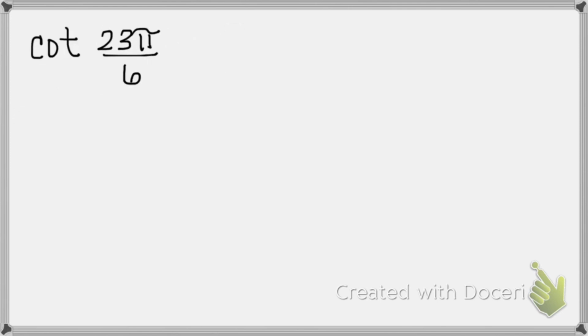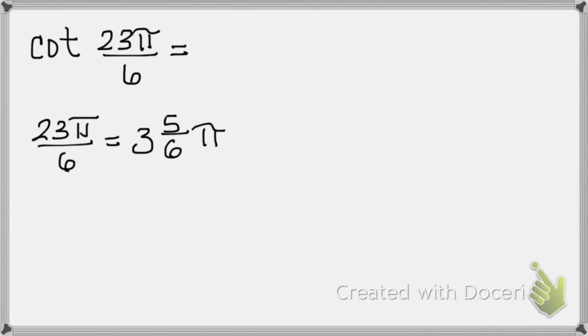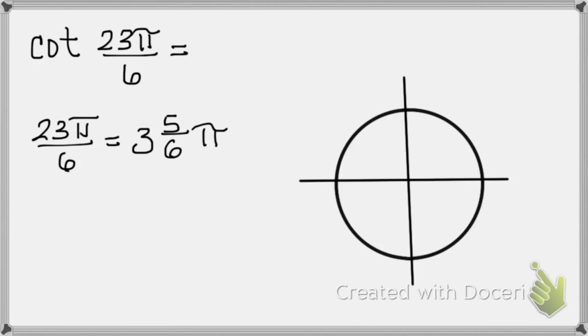Looking at another one, here I have the cotangent of 23 pi over 6. Now 23 pi over 6 I do not have on a unit circle, but I see that this is a multiple of pi over 6. So let's take a look at finding the angle that is coterminal with 23 pi over 6. A couple of ways I could do this. I could write 23 pi over 6 as a mixed number, which in this case would be 3 and 5/6 pi, which on a circle would be starting at 0 on the positive x-axis.